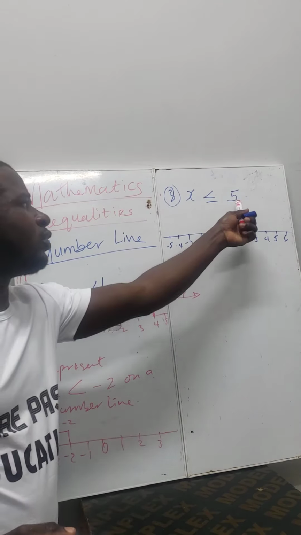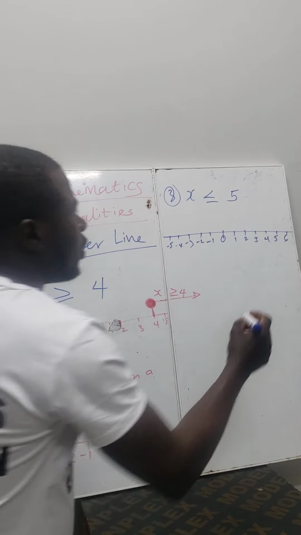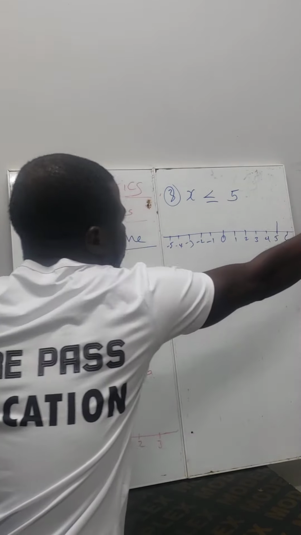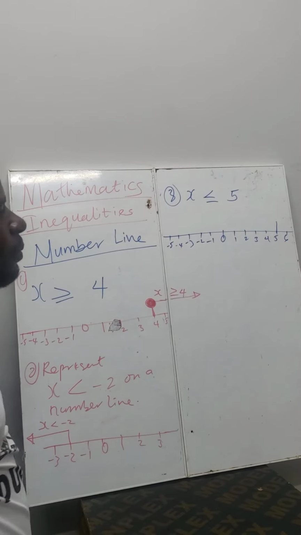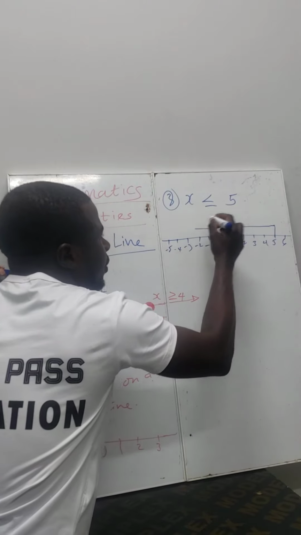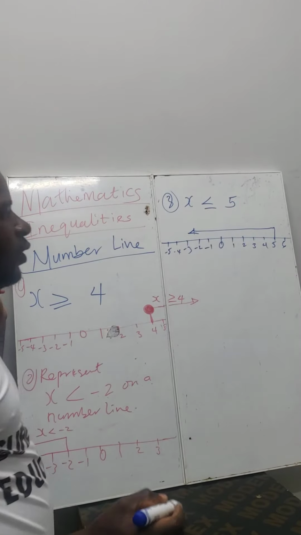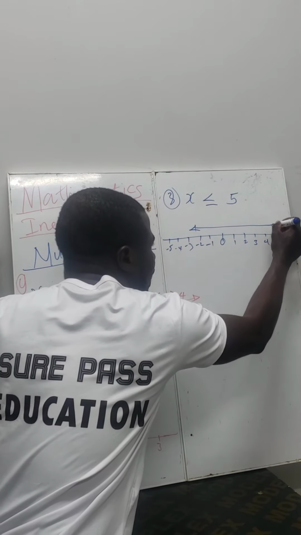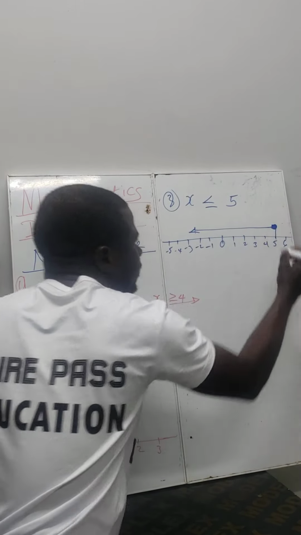But we are interested in 5. Then we come to this place. Are we pointing towards the other side or towards the back side? We have to point toward the backward direction because it is less than or equals to. Now you have to shade this joint.